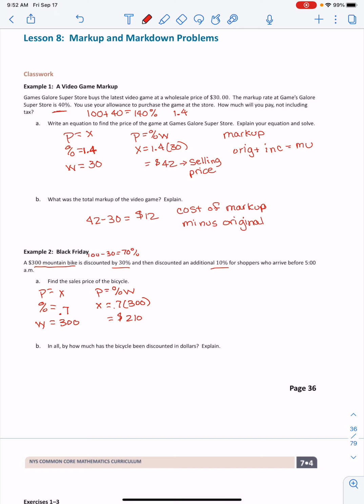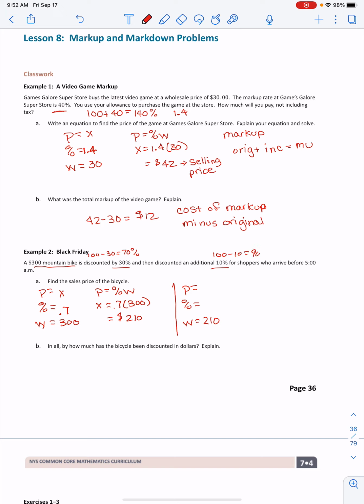But we're not done, because before 5 a.m. we went, so we get an additional 10%. But our whole is going to change, because right now we're going to pay $210. So we have P, percent, and W. Our whole right now is $210. Our percent is not 10, we have to subtract that from 100.